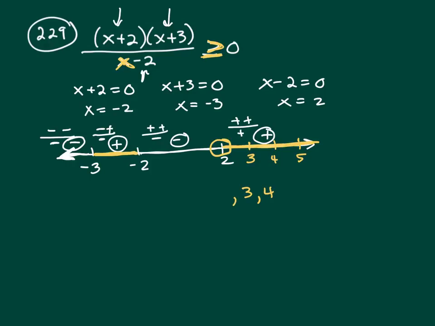We can't let it be 2, but -2 works, and -3 also makes it equal to 0. So -2 and -3. So how many integers satisfy the inequality that are less than 5? The answer is 4. 4 of them.